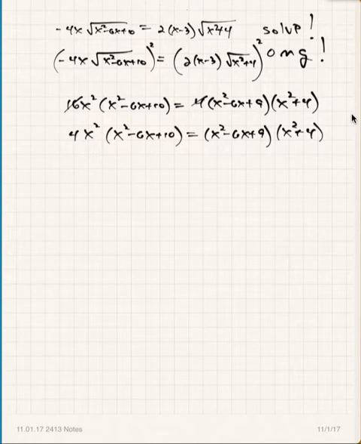And now you have to solve this equation for x. So you multiply all this out and collect like terms. Let's see what we can do here.